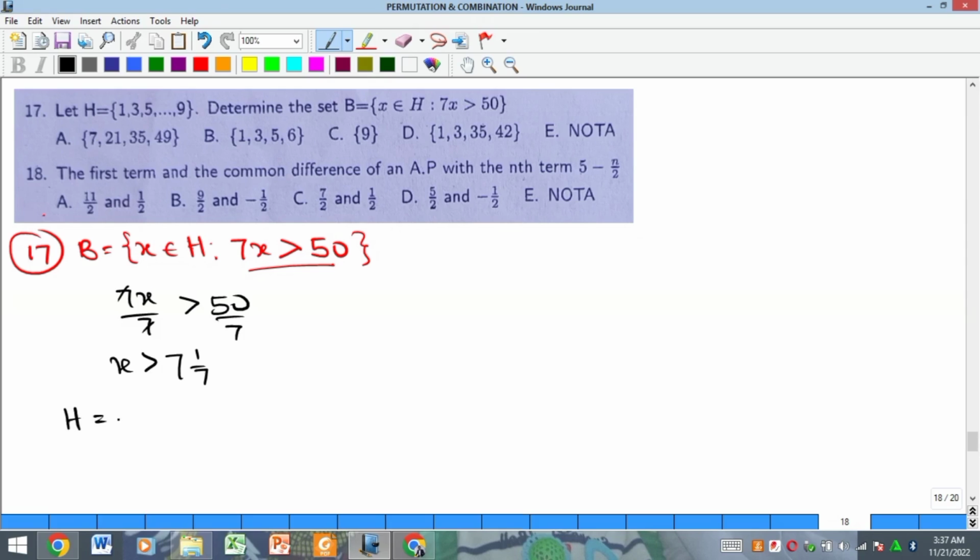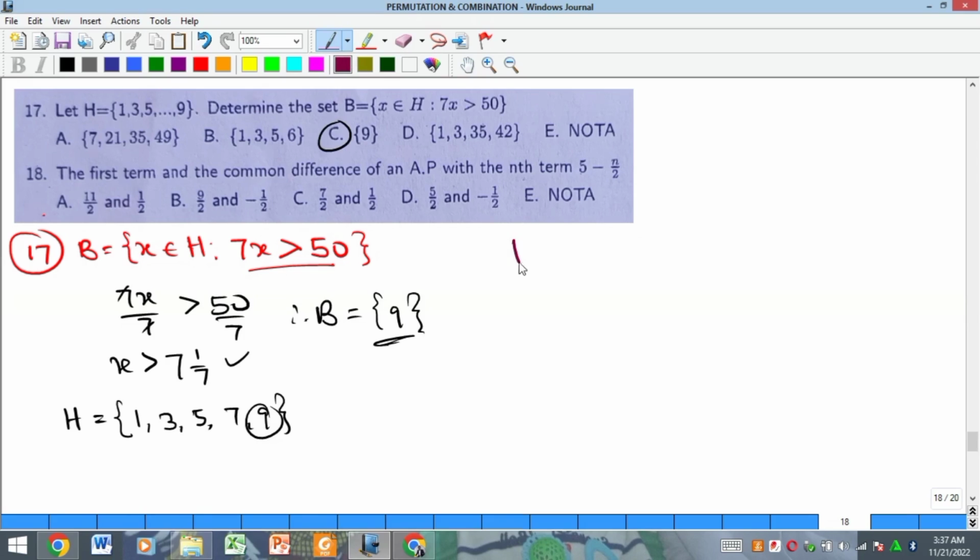Our H is actually a set of odd numbers. We have 1, 3, 5, then 7, and 9. So among all of these, the only one that satisfies this condition is what? 9. Therefore, our set B is a singleton set containing only 9. So C is the correct answer here.